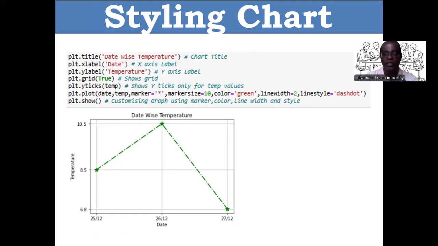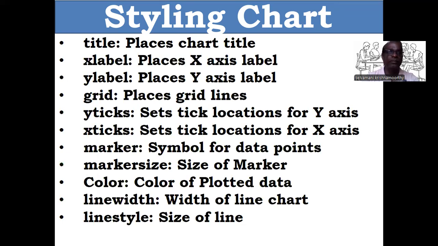How to make our chart stylish? See, title. How to place a title? Title can be used to place the chart title. Similarly, xlabel, ylabel place the X-axis label and Y-axis label. Grid places grid lines. yticks sets the tick location for the Y-axis. xticks sets the tick location for the X-axis.